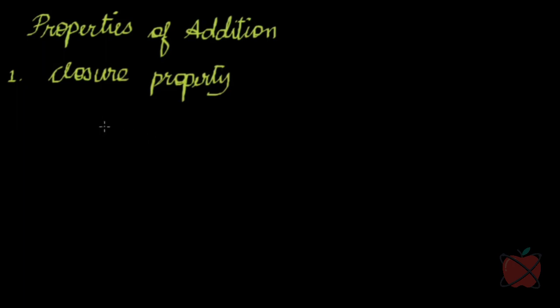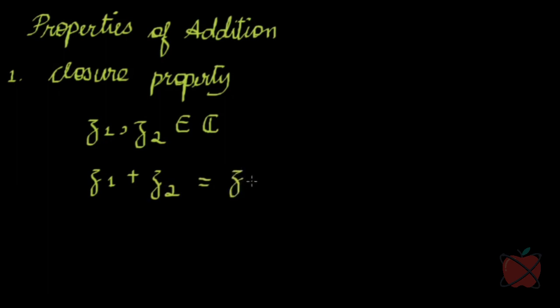What this property says is that if I have z1 and z2 as complex numbers, and if I add z1 and z2, I will get an answer, let's say z3. Now this property says that z3 must also be a complex number.